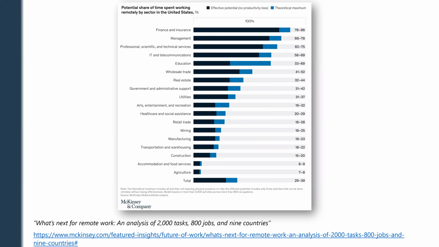This looks very similar to what we had seen prior to the pandemic in terms of the ones most likely to be able to work remotely versus those least likely to work remotely. So this is lining up with what we might have expected from the pre-pandemic times. The types of occupations and tasks haven't changed that much through that time period.